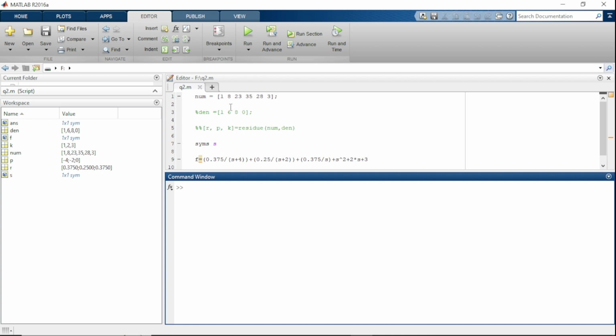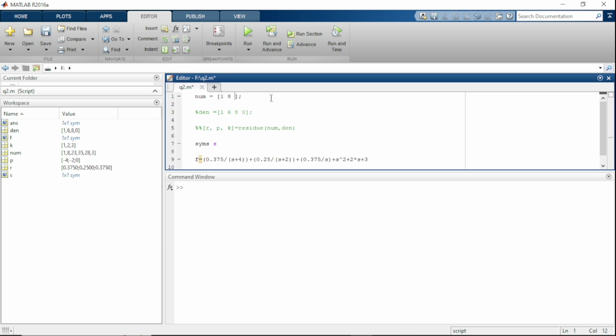Just write the numerator: only the constant term 2 is there. Coming to the denominator, write the coefficients, that are 1, 2, 10 and 0, 0, 0. Then you have to write the command, that is r, p, k equal to residue of num and den.